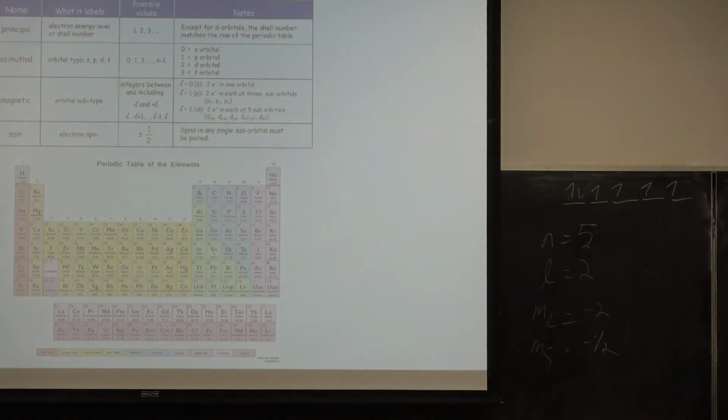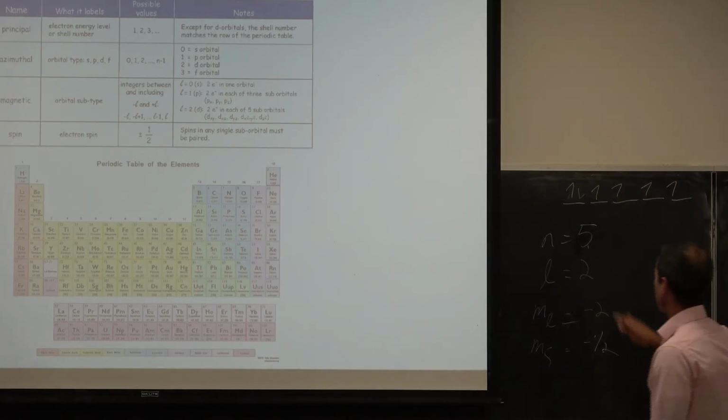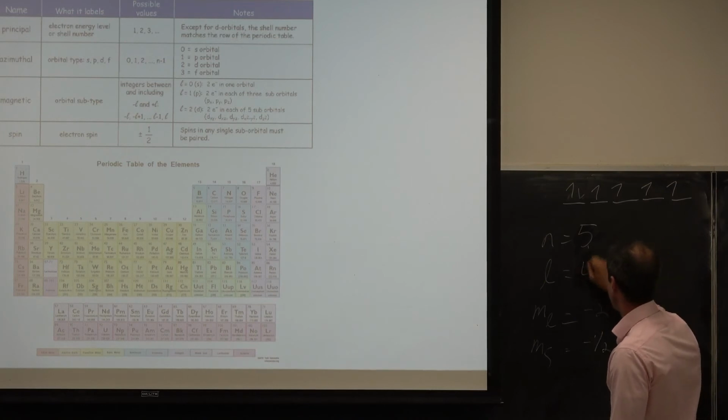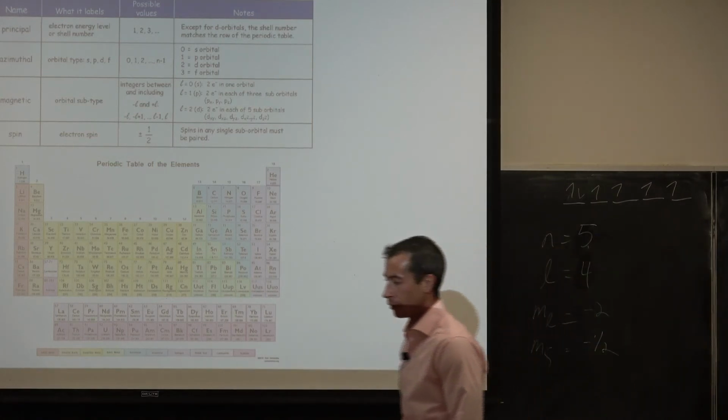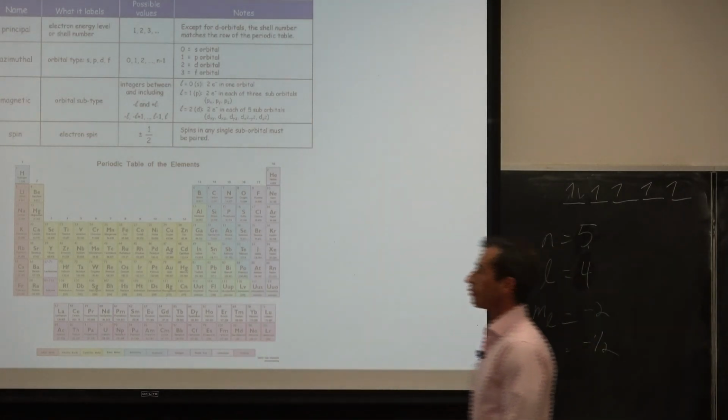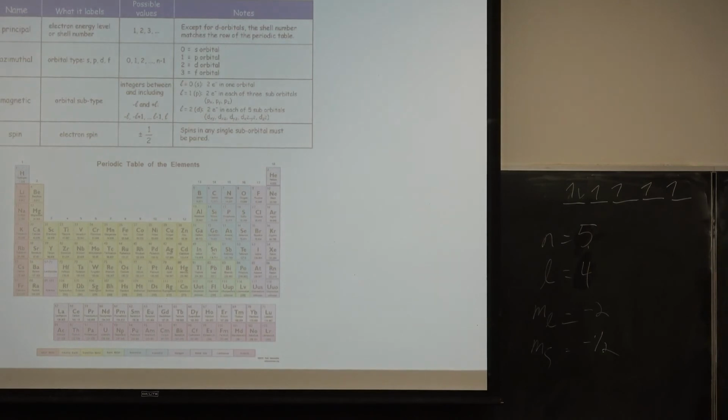How did you get L equals 2? L equals 2 is by definition the n-1. You're right. L is 4, right? But it says here that the d orbital is 2. Yeah, the d orbital is 2.